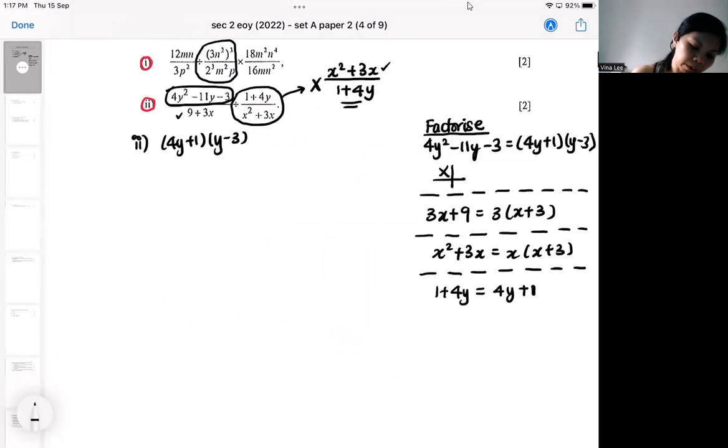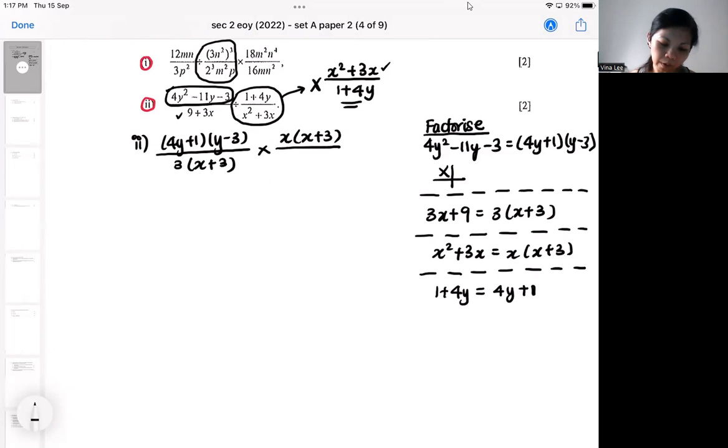That means to start the question, you focus on the factorization. The denominator also has been factorized. The second fraction, you are flipping. So the top already been factorized. 1 plus 4y is the same as 4y plus 1.